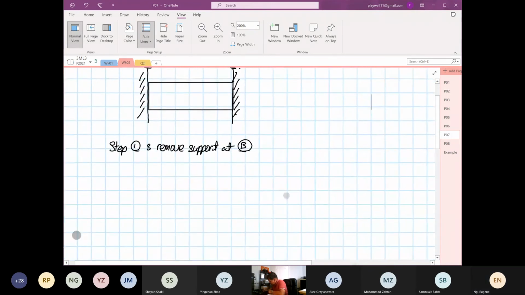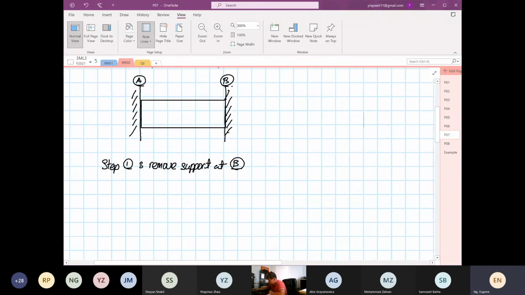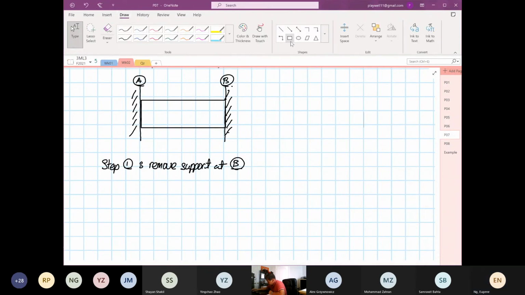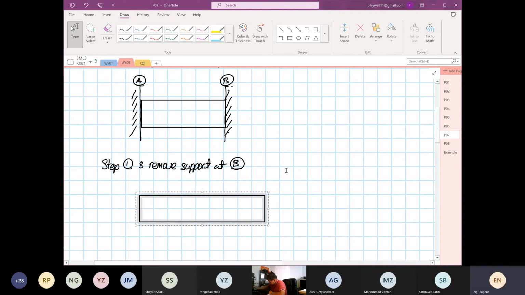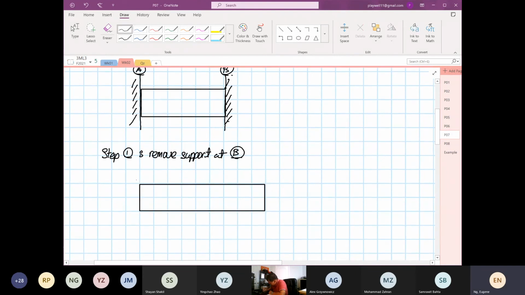Then we remove the support at point, sorry, point B. So when that's the case, our structure can expand. So this is our point A. We remove the support at B. So now we can calculate, this is exaggerated.